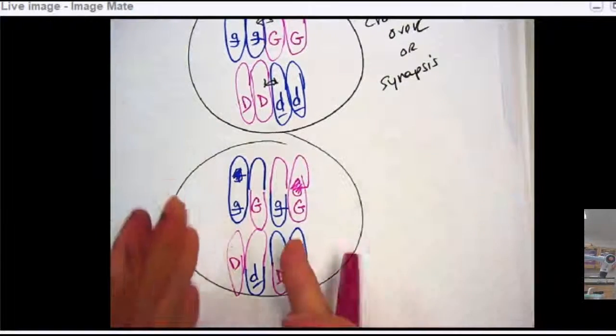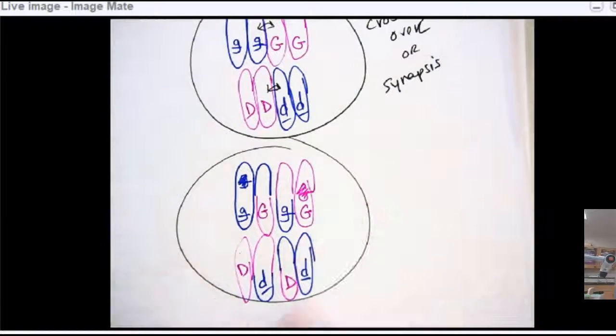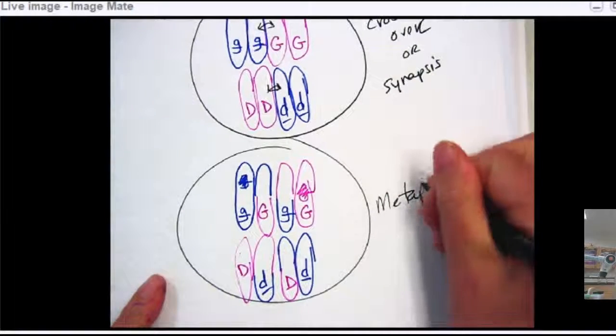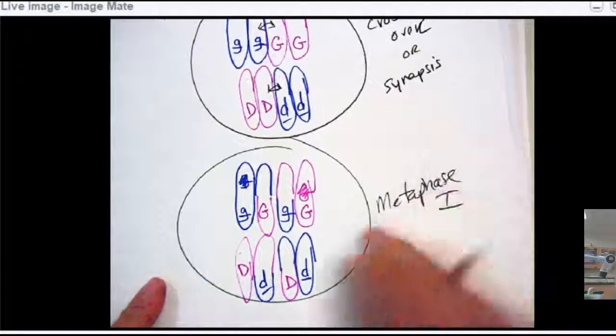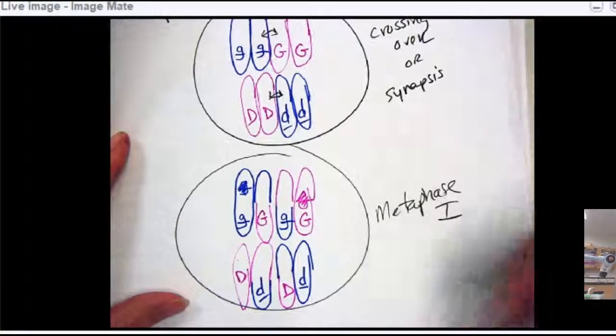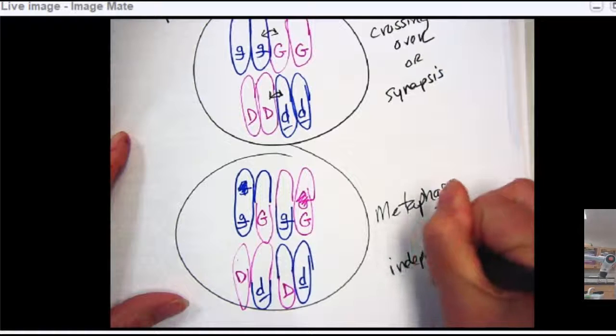So this is showing the end of prophase, but I'm also showing what it would look like in metaphase 1, because here we have crossing over, which is one way that we have new genetic variation, but here we have independent assortment.